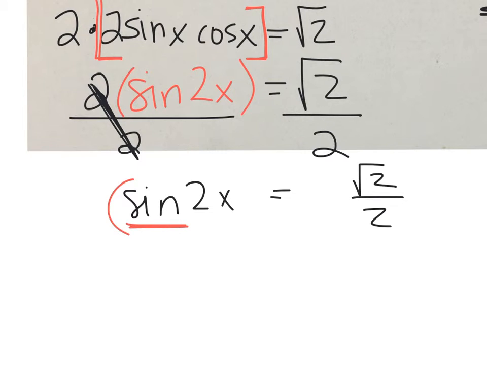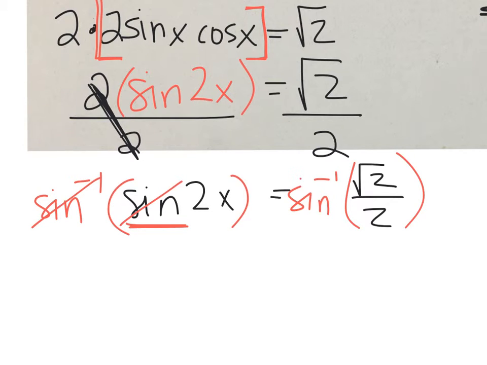We don't divide, we don't subtract, we always use inverse trig in order to get rid of a trig. So I take the inverse sine of the left side, which gets rid of your trig, sine, and I take the inverse sine of the right side. So on the left, I'm left with my 2x, exactly what I want to have.